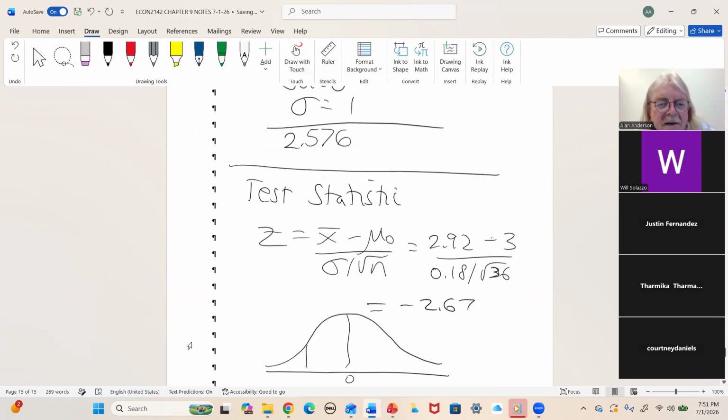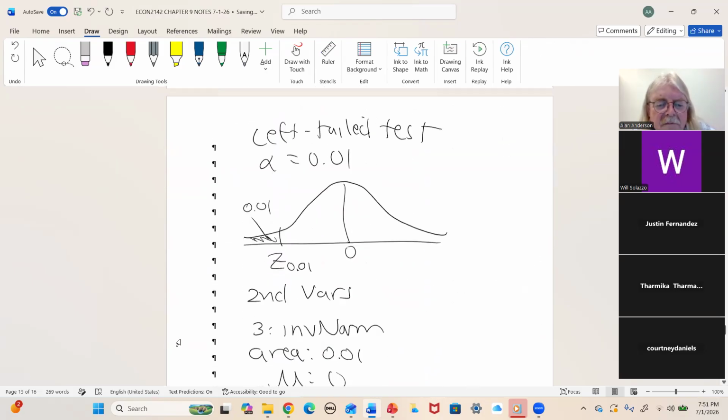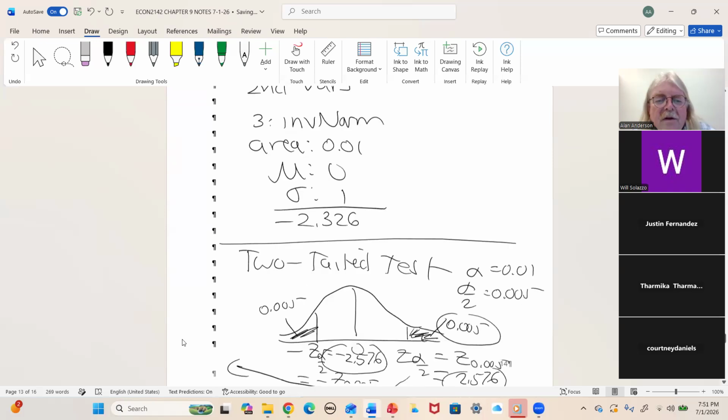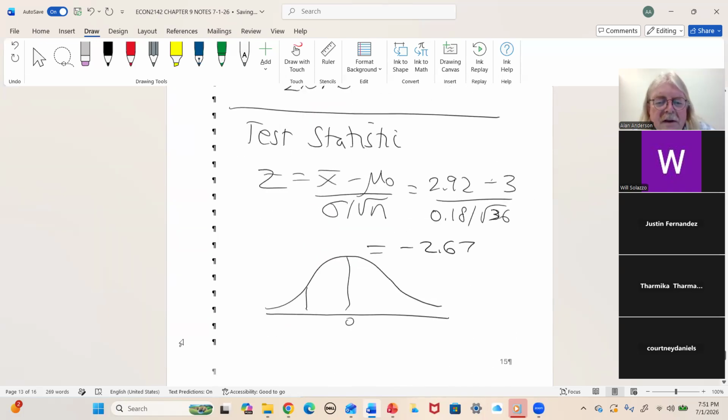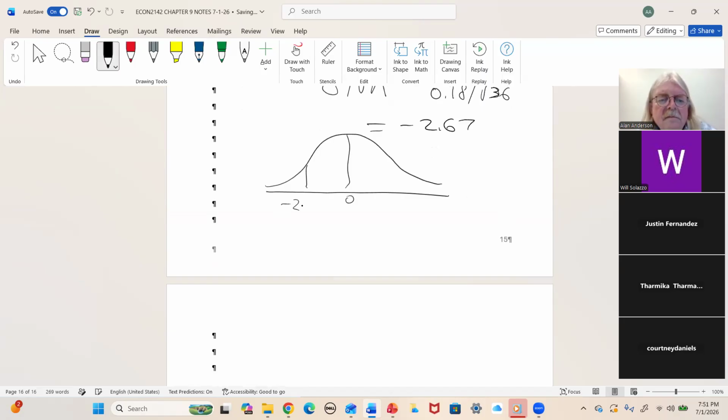And that turned out to be negative 2.326. This is my rejection region. Guess what? The test statistic is way out here somewhere.